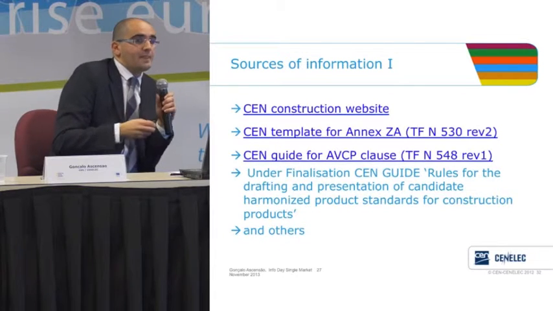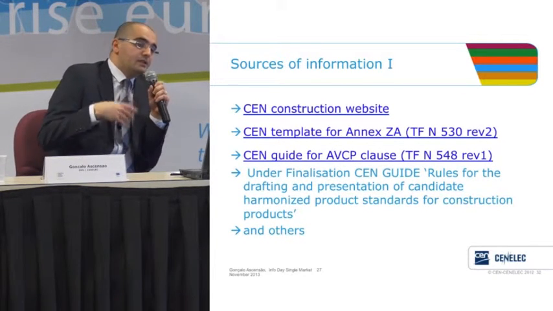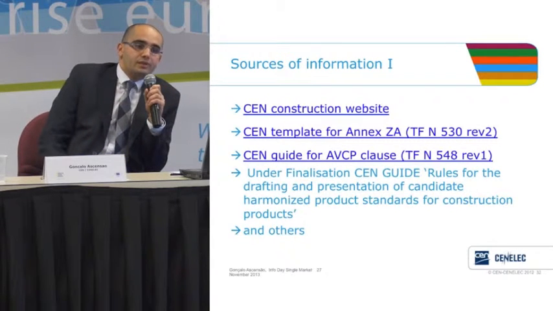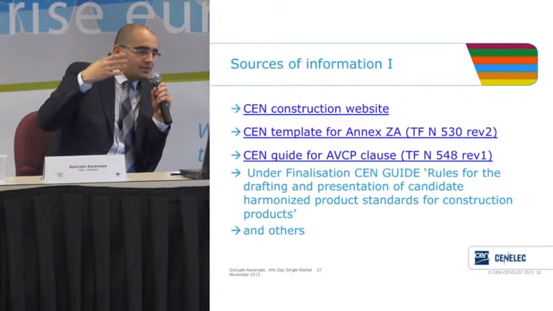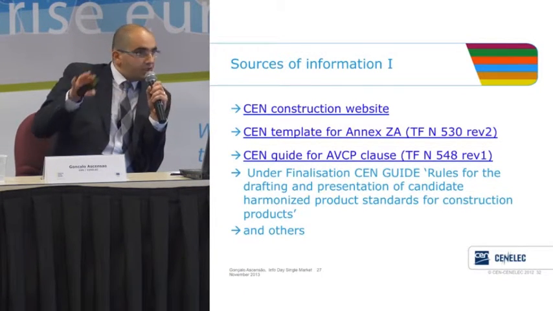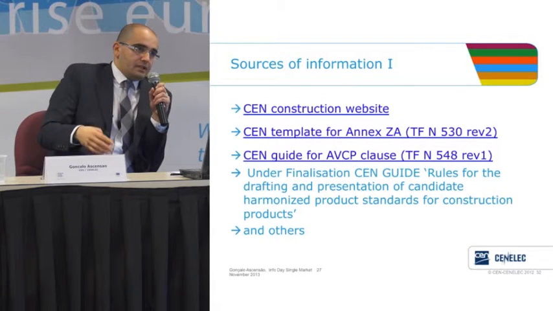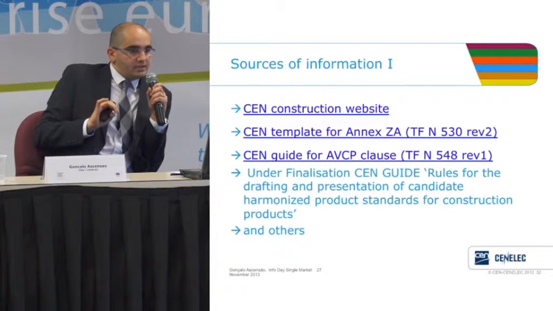Now, sources of information. I've included a link to the CEN construction website. You have a CEN template for the Annex ZB, which gives you some instruction on how to establish Annex ZB. This is purely for standardization writers, but it gives you some information on what means each part of the Annex ZB.